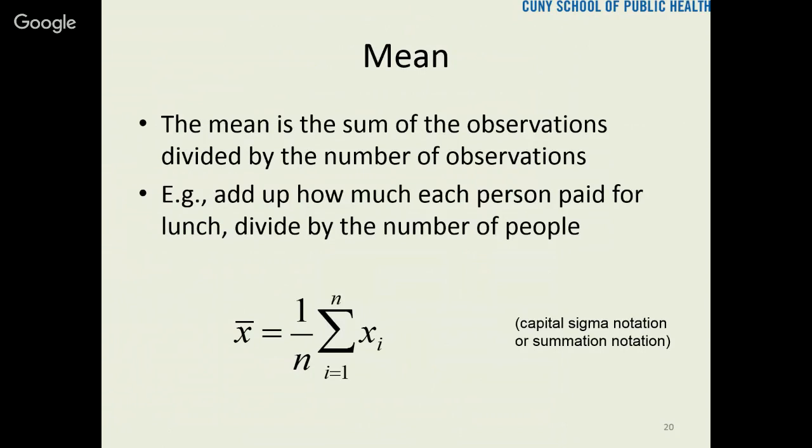The mean, which I suspect you're all familiar with, is just the sum of all of the values divided by n. This is using the capital sigma notation to represent the sum.